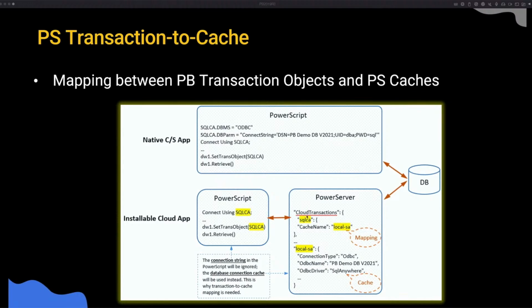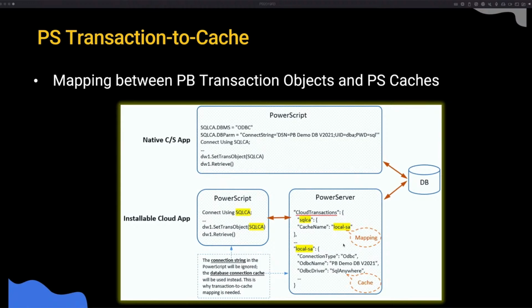It no longer passes the connection information from the client to the server, and therefore, for an installable cloud app to work, you will need to configure a cache and then map the transaction object to the cache. Here, SQLCA is mapped to cache name localSA, and the localSA entry in the PowerServer configuration file has all the information to connect to the database with the proper driver and settings.